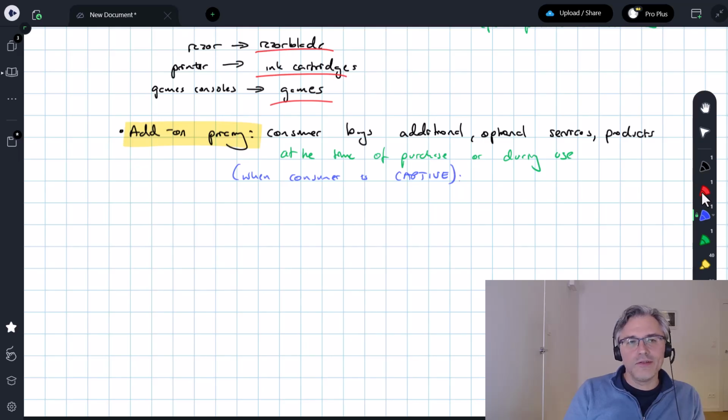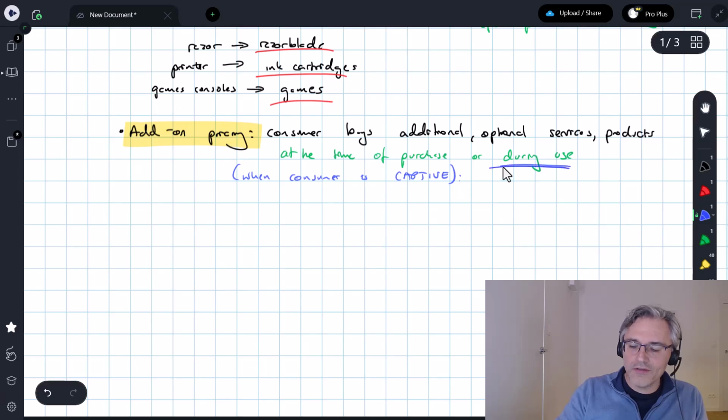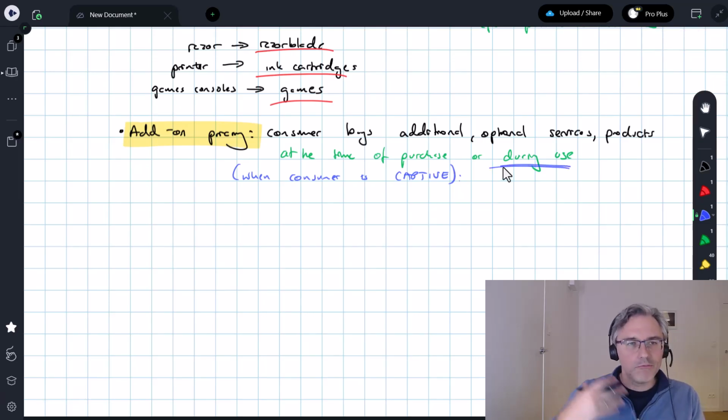Something else I don't necessarily experience. I'm not a user of this, but if you're playing a game on your phone or on your computer, whatever, you can make in-game purchases. That's during the use of something, when you are captivated, when you're immersed in the experience, or when you're using an app, you can make in-app purchases to get some extra features.